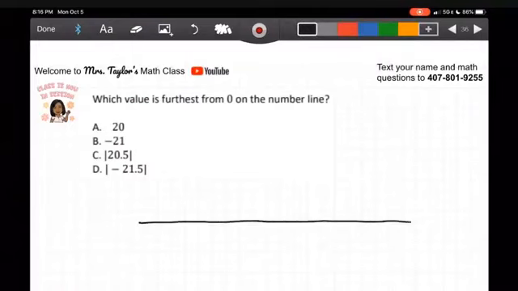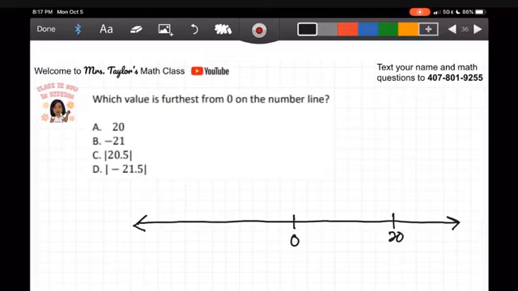And it's not going to be exact because these are some fairly large numbers and I only have so much space. So we'll put a 0 here. So if I'm going to put 20, 20 is going to be on the right hand side. And let's just say it's there. And then -21 is going to be on the left hand side. And let's just put that there.